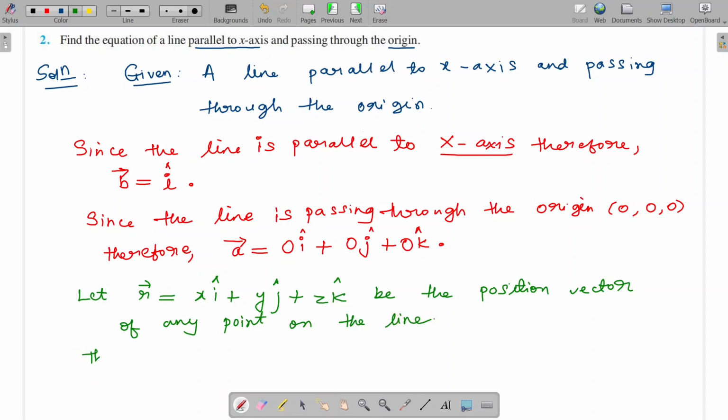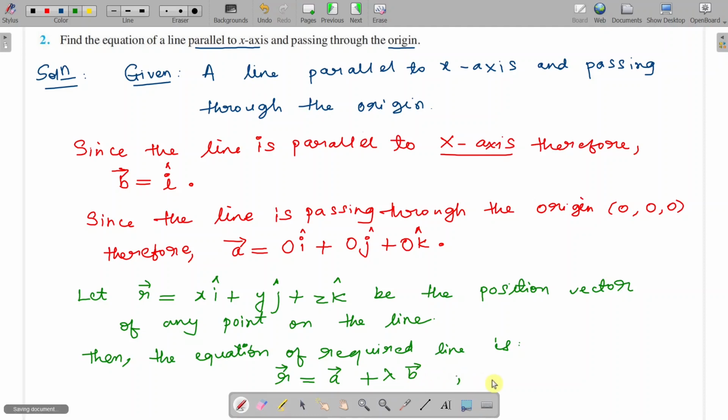So then the equation of the line, so equation of the required line is this: R bar equal to A bar plus lambda B bar. Okay, let us write this properly, into lambda B bar. So where lambda is any real number.